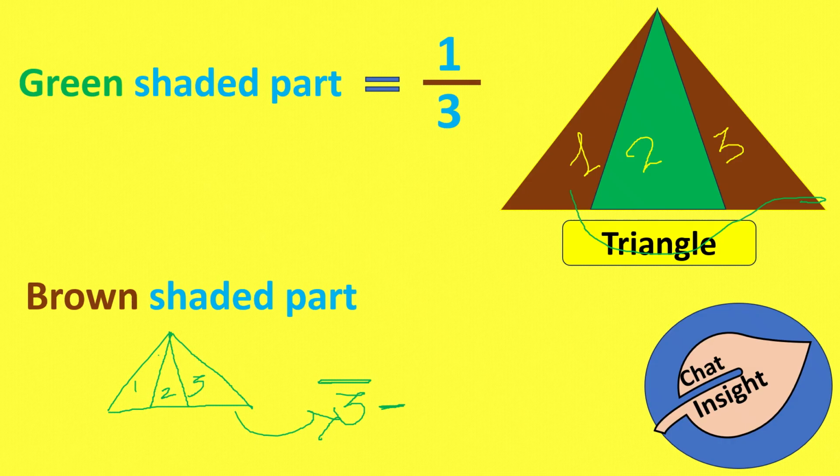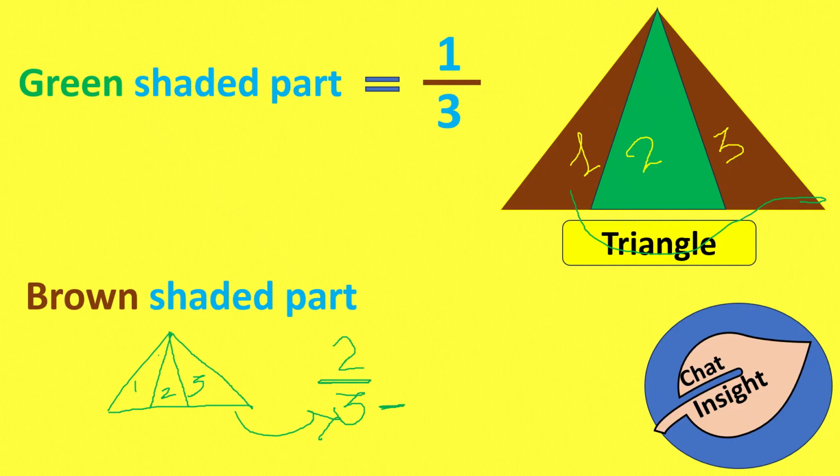So the brown color part is, when we look at the upper image, that one, bacha. So the brown shaded part is two. First part and second part are here. So we write the number of the colored parts here.